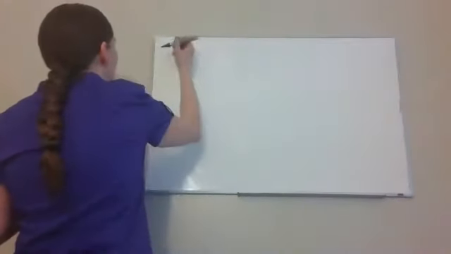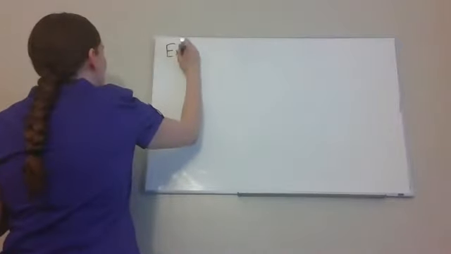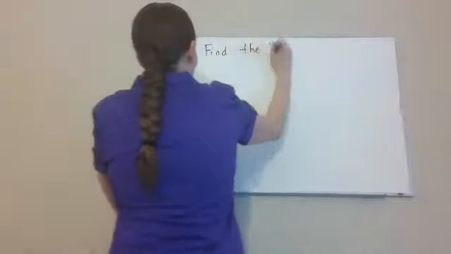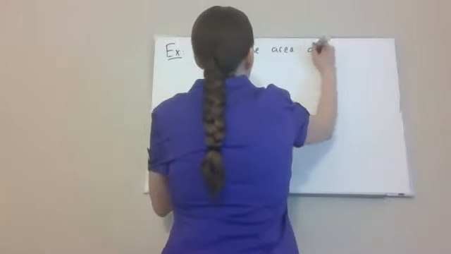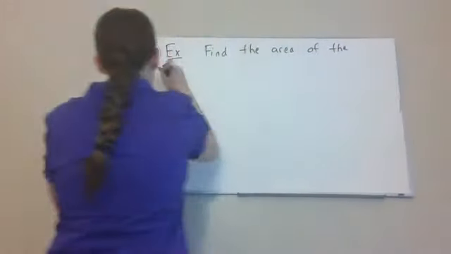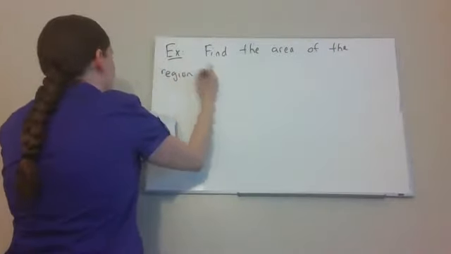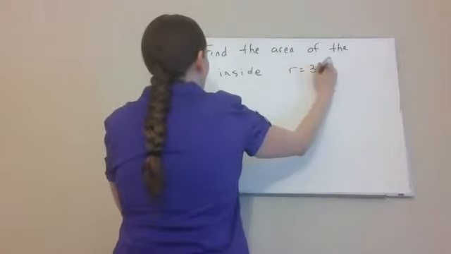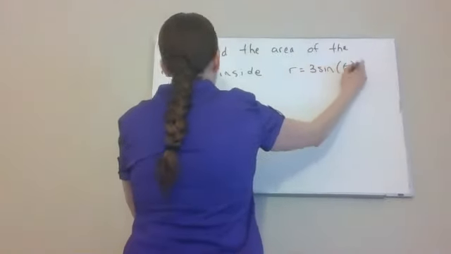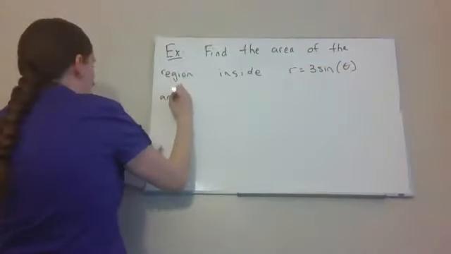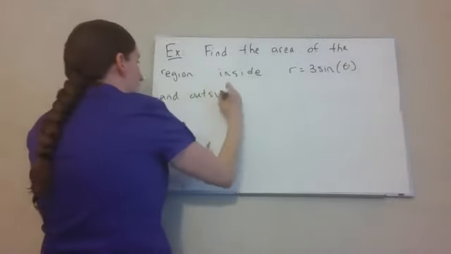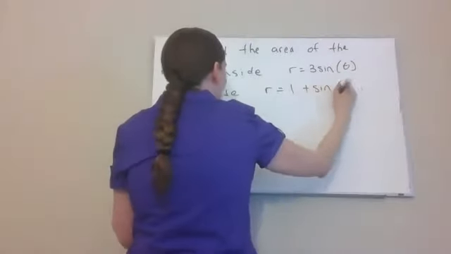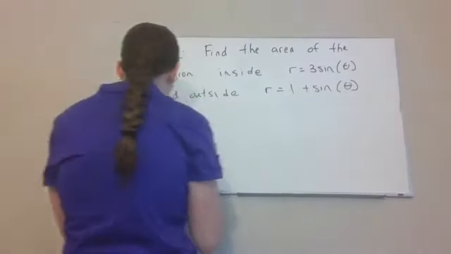So find the area of the region inside the circle r equals 3 sine of theta, and outside the cardioid r equals 1 plus sine theta, which is the same cardioid we graphed earlier.